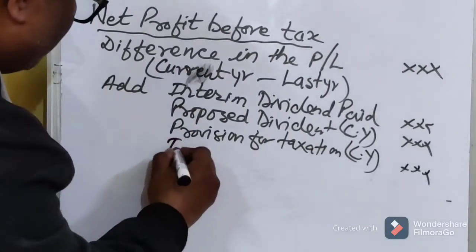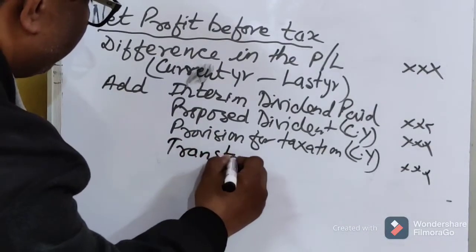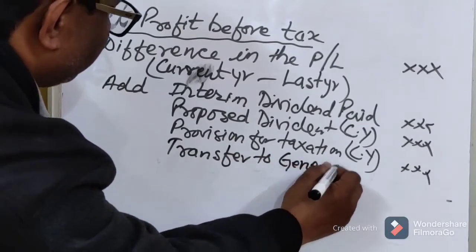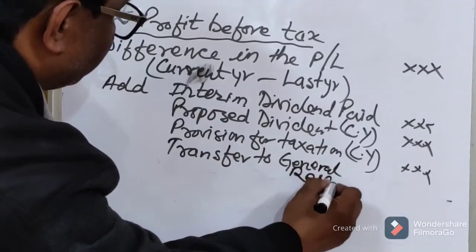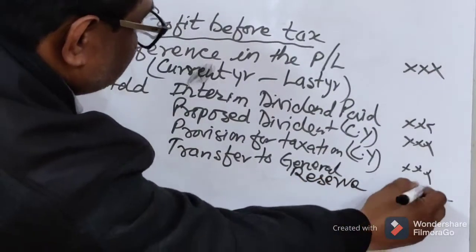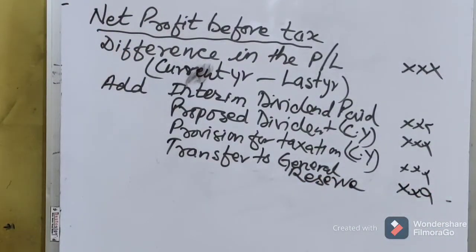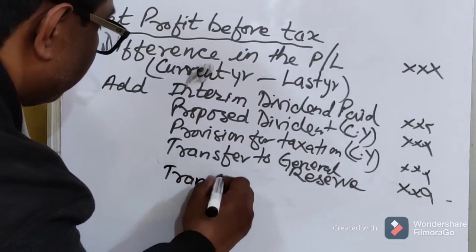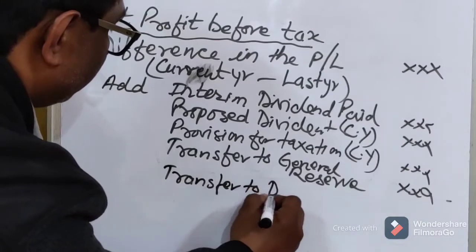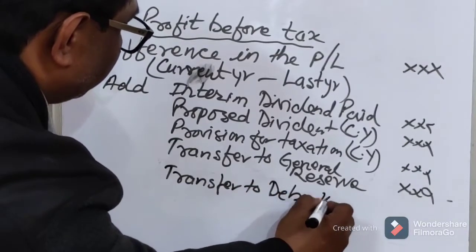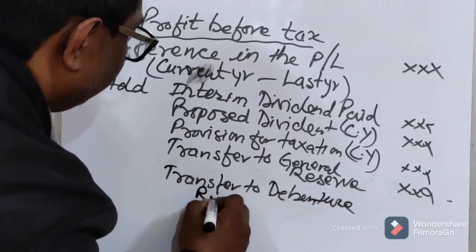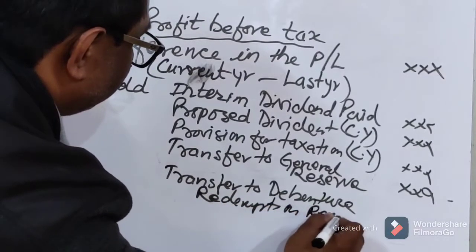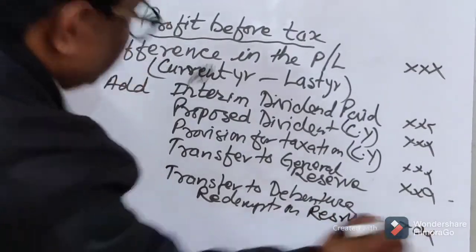Transfer to general reserve, transfer to debenture redemption reserve, or you can also say transfer to sinking fund.